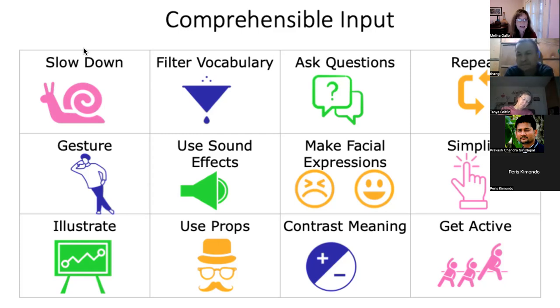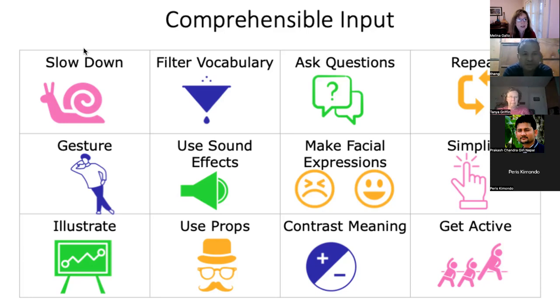The fourth thing we're going to look at is repetition. If we repeat the information a few times, they are more likely to get it. If we say it once and they don't understand it, try saying it again a little bit slower. You can also try saying it in a slightly different way, using a little bit different words and adding some of these other things to it, like gestures or facial expressions or objects.